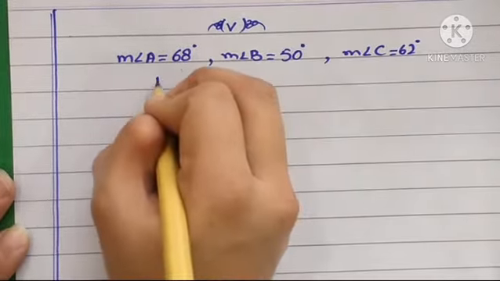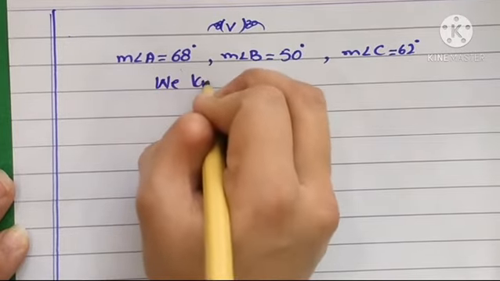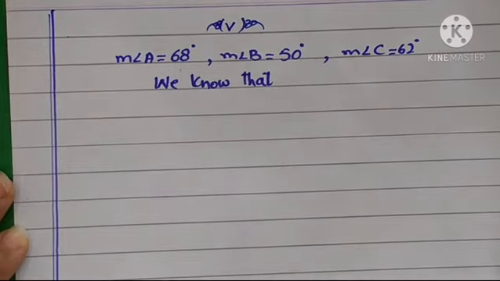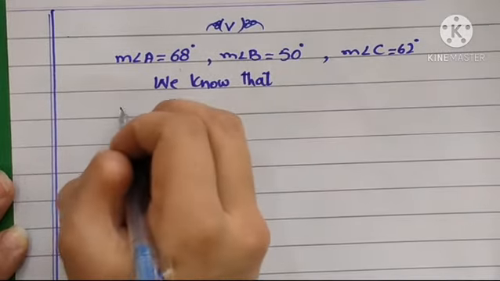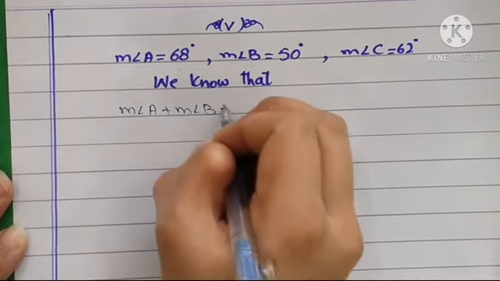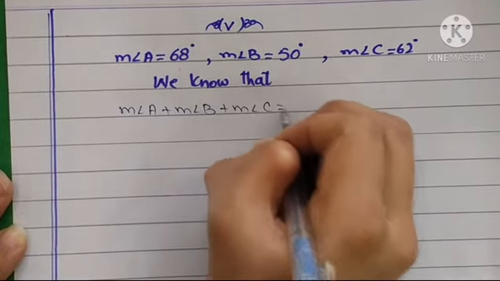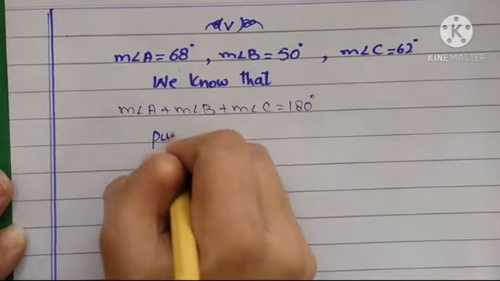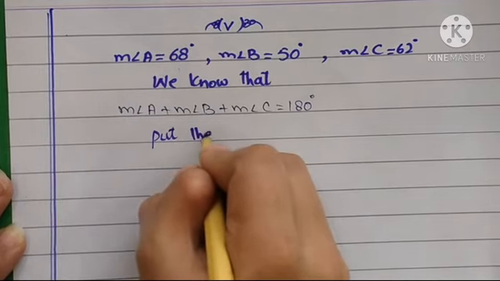So we will write here, we know that the sum of all the interior angles of a triangle, measure of angle A plus measure of angle B plus measure of angle C, is equal to 180 degree. Okay, now we will put the values.